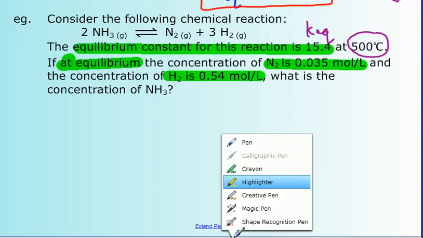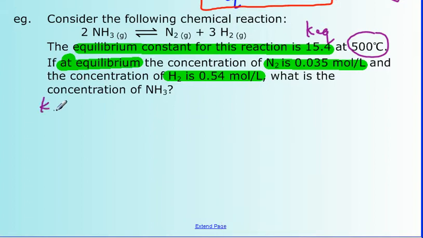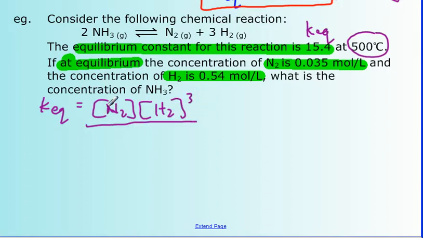If we take a look at our KEQ expression, we'll have a concentration of nitrogen times the concentration of hydrogen, which will be cubed, and in the denominator the concentration of ammonia squared. If we look at what we know, we're given KEQ, it's 15.4.